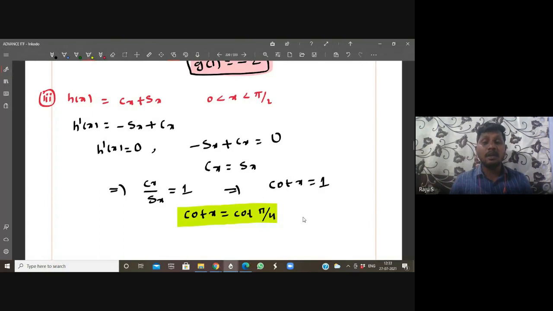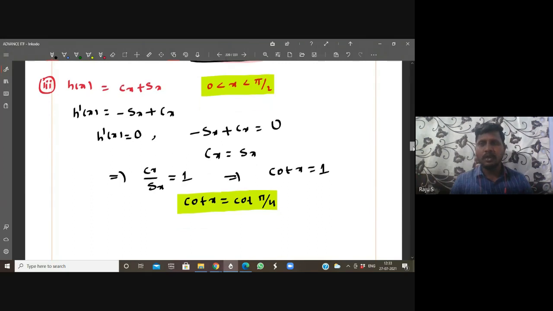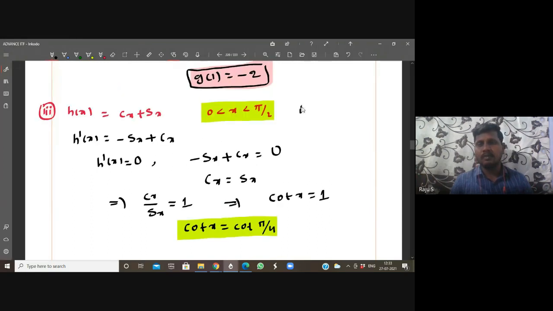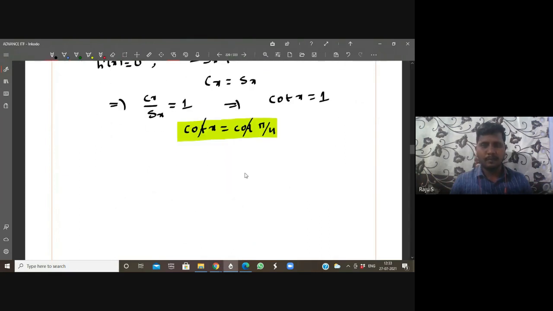But does that 225 belong to the given interval 0 to pi by 2? No. According to the given interval, which is clearly the open interval 0 to pi by 2, x is equal to pi by 4. Clearly it belongs to the given interval.